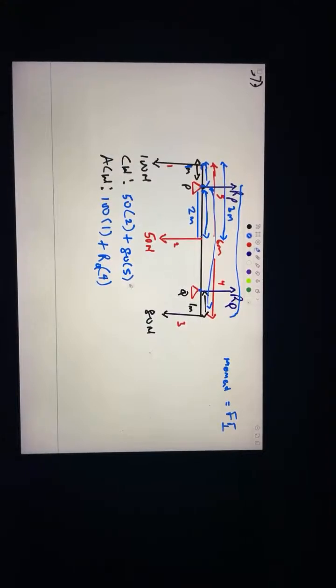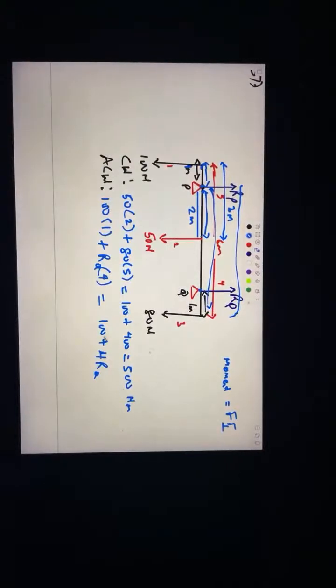So now, 50 times 2 is 100. 80 times 5 is 400, and that's 500. So 500 newton meters, by the way. Then this is 100 plus 4 RQ.